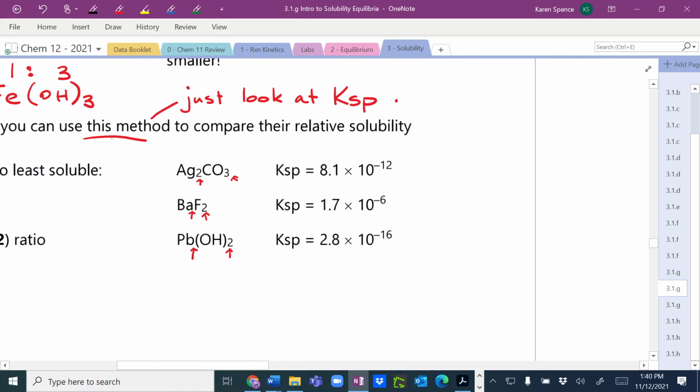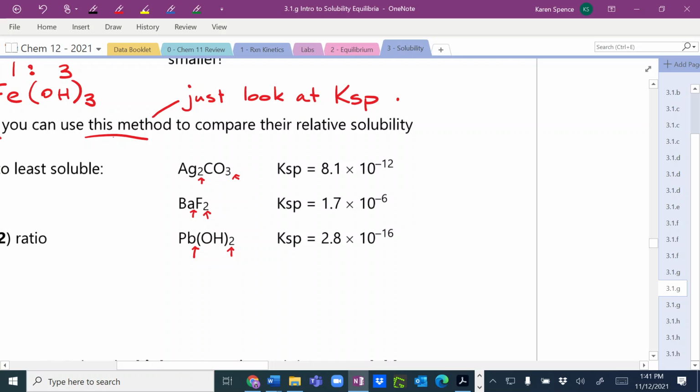Taking a look at these, tell your partner which one is the most soluble. Which of these 3 salts is the most soluble? We're going to vote on this one.